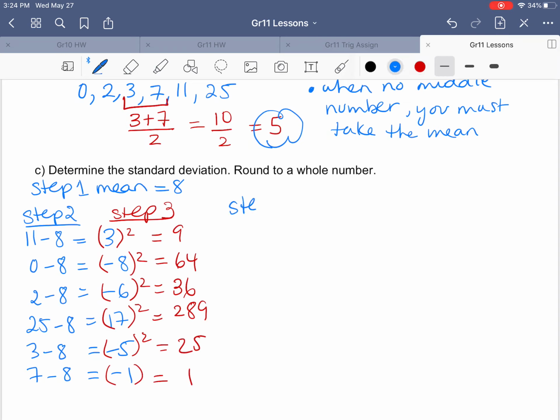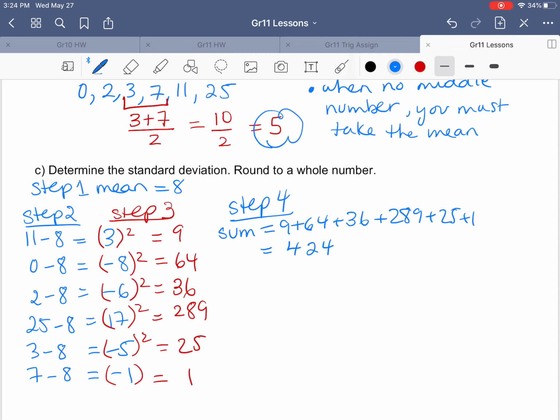Now step 4 is to find the sum of all of those numbers we just got. Sum means we're adding everything together. So 9 plus 64 plus 36 plus 289 plus 25 plus 1. We add all those together and we get 424.